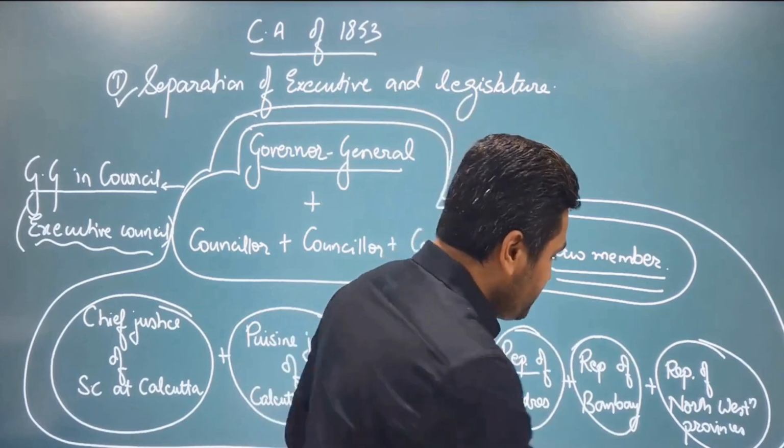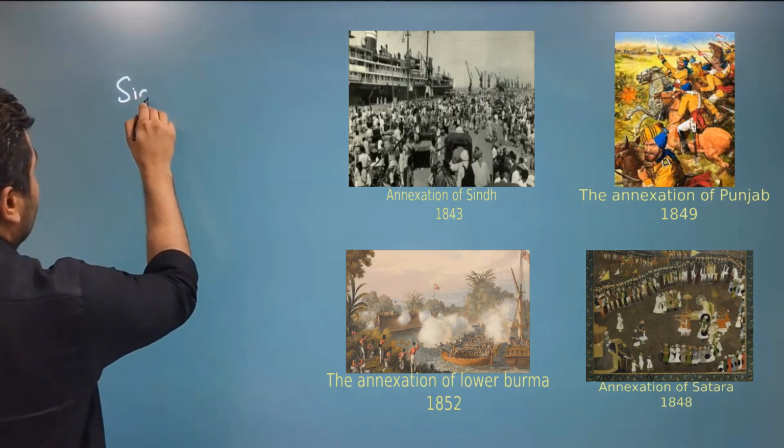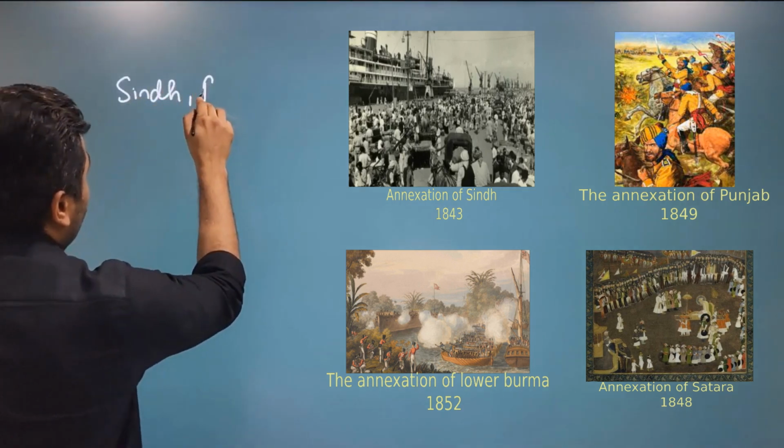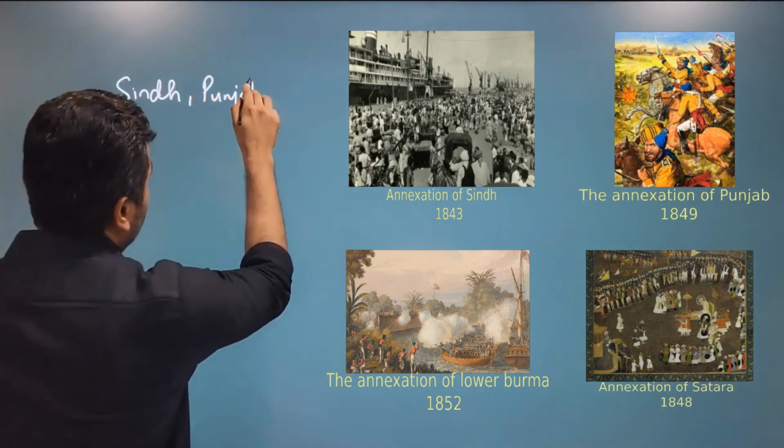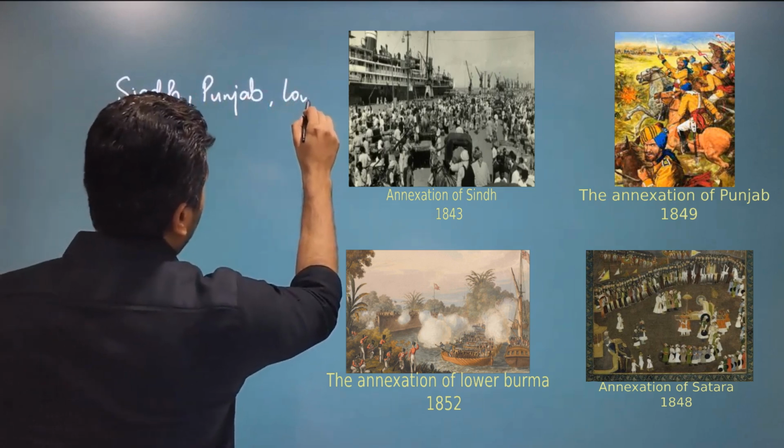We have seen that there was annexation of territories. Sindh was annexed, Punjab was annexed, there was Lower Burma.